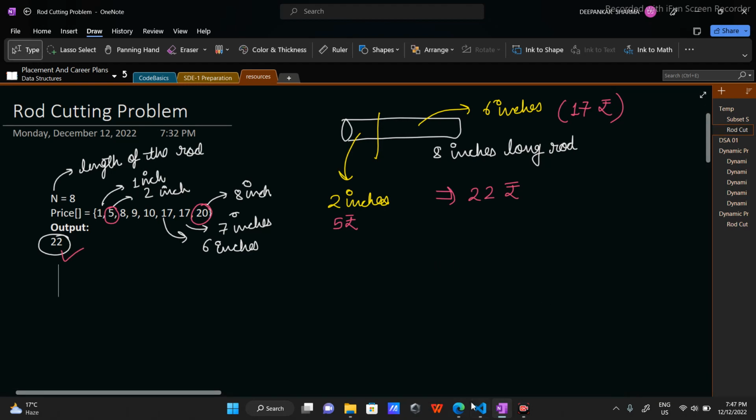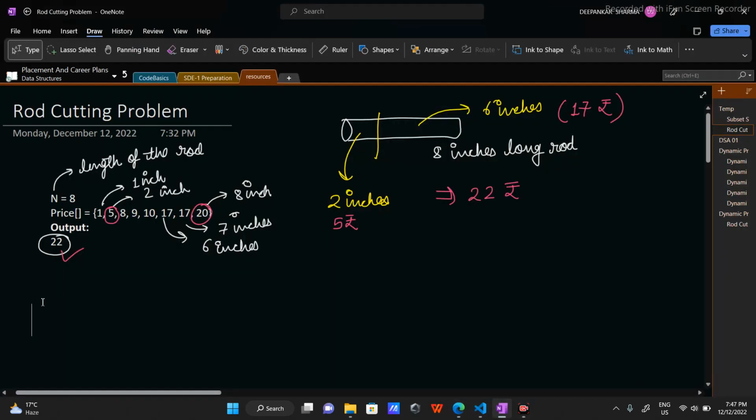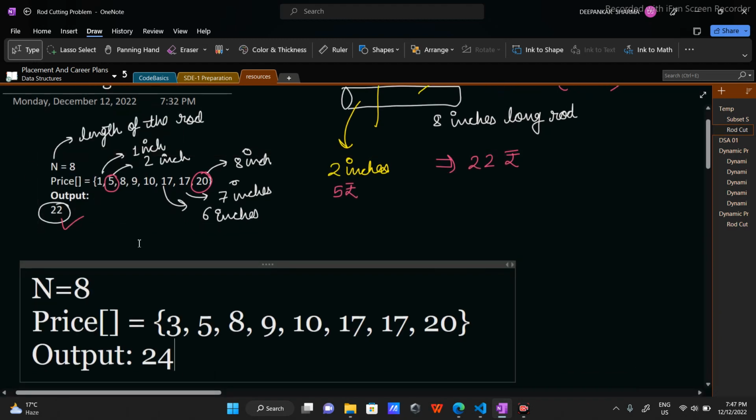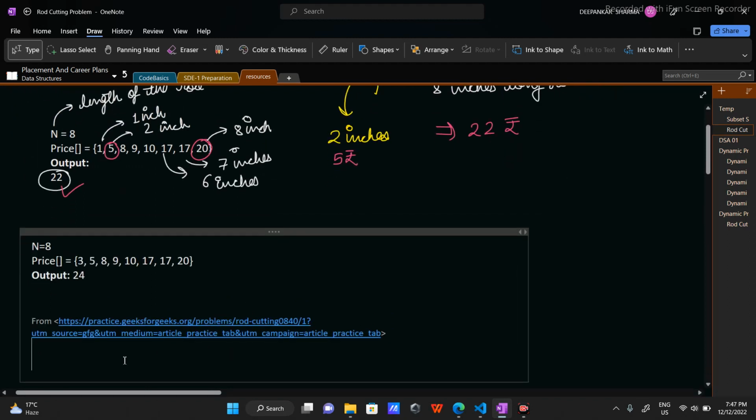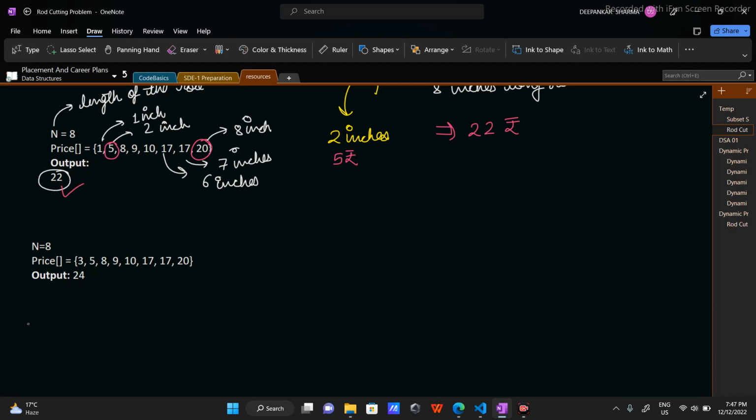Taking another example, I have another example here. Again, I'll just paste this. Now see, again the rod is 8 inches long, and this is the price array, like this is the cost of 1 inch, and this is the cost of 8 inch.